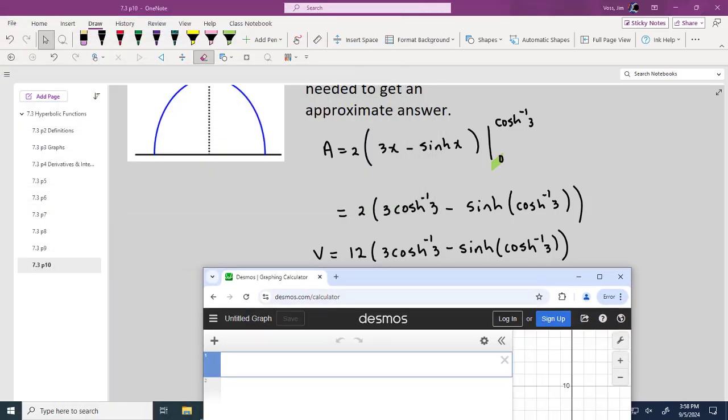So you're going to type it in just the way it looks. So cosh superscript -1, tab, 3, minus sinh of cosh inverse superscript, tab out, 3. And there's our answer.